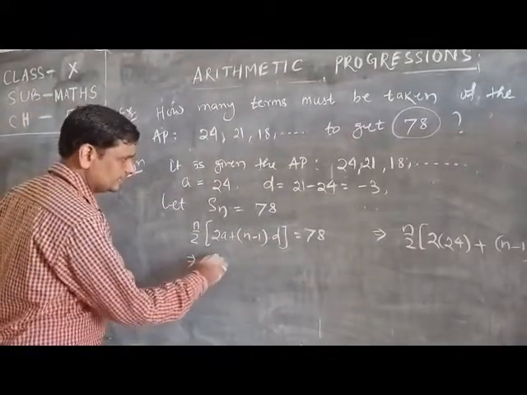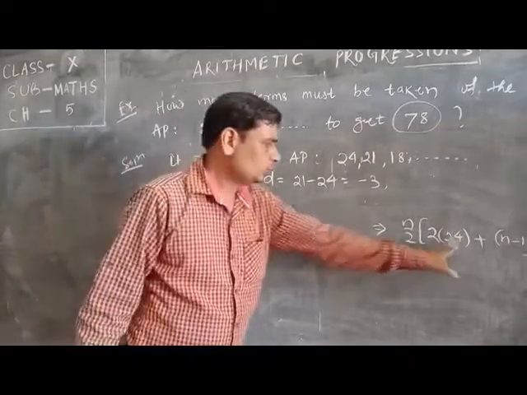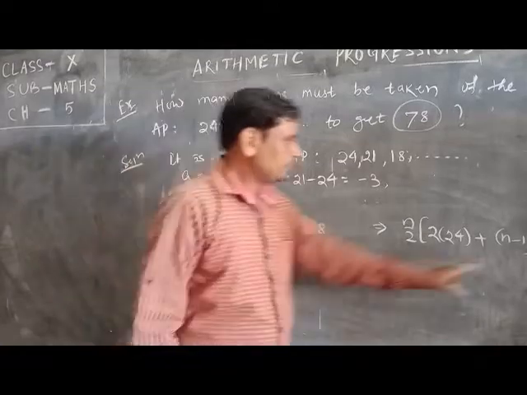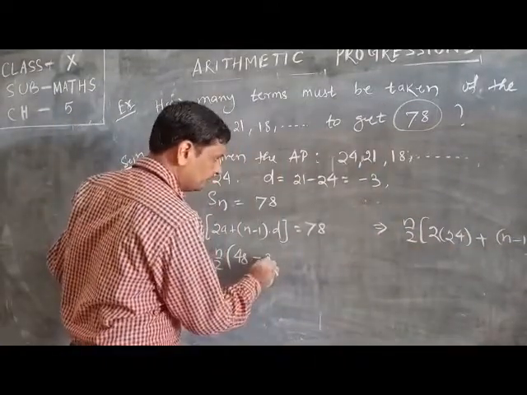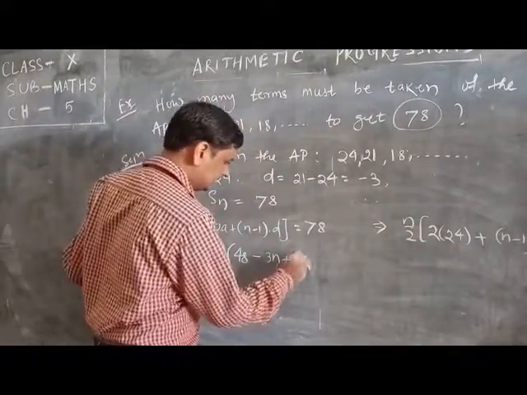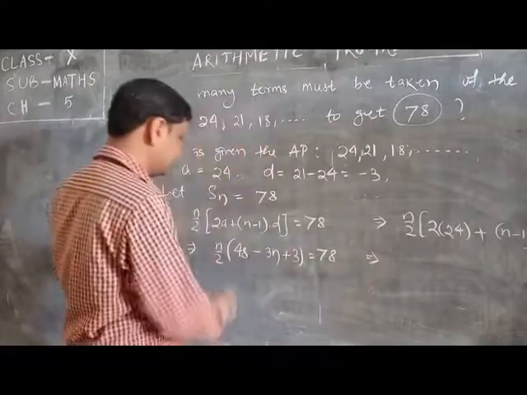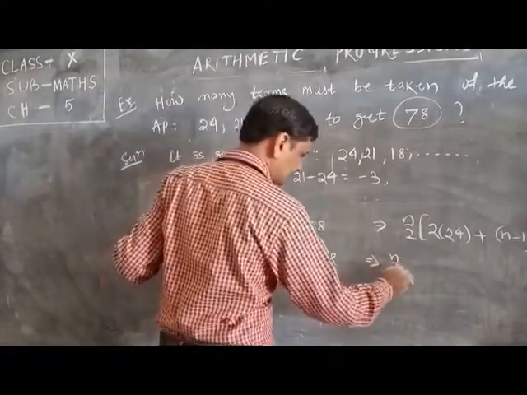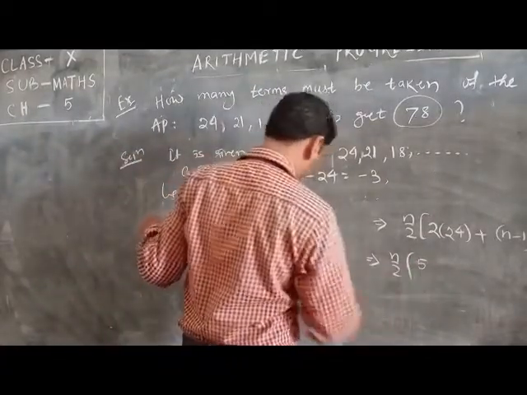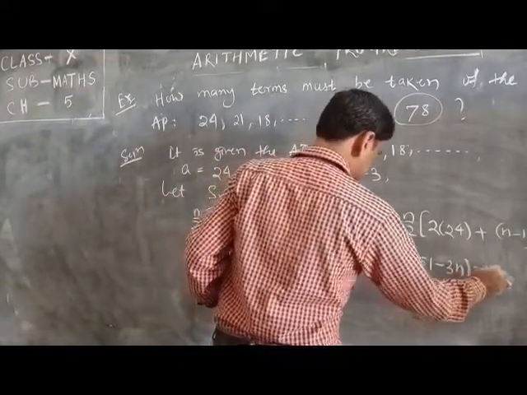This implies n by 2 into 2 into 24 is 48, minus 3 into n is minus 3n, minus 3 into minus 1 is plus 3. This is equal to 78. This implies n by 2 into 48 plus 3 is 51, minus 3n is 78.